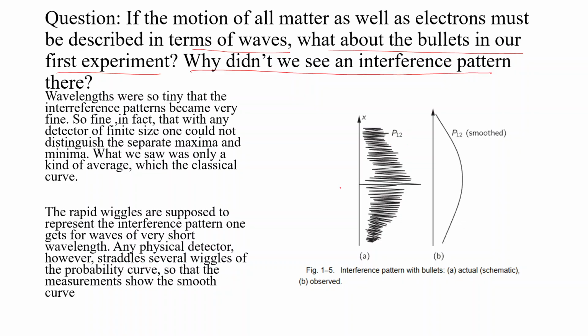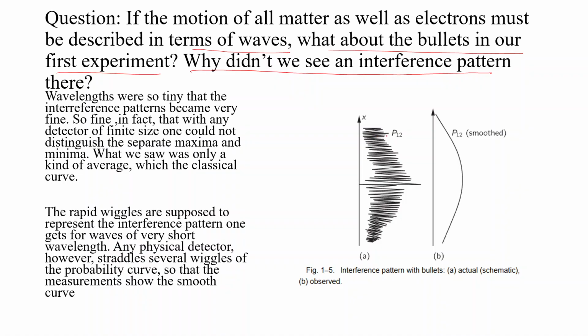What we saw was only a kind of average, which is the classical curve, this P12. The rapid wiggles are supposed to represent the interference pattern one gets for waves of very short wavelength. Any physical detector, however, straddles several cycles of the probability curve, so that the measurement shows the smooth curve.